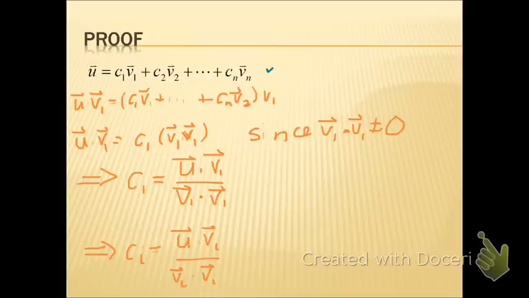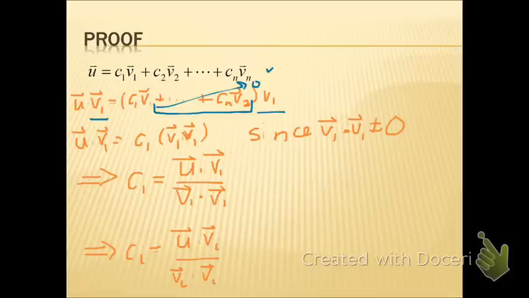So we have the vector U equal to this linear combination here. If we do a similar analysis like we did last time, taking the inner product with V1, then from last time we noticed that all of these vectors, since they are orthogonal, became 0.